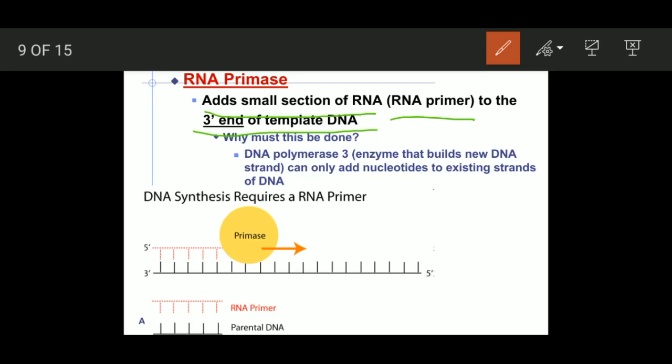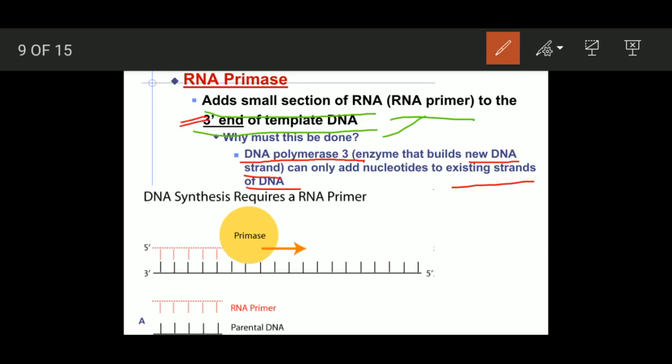And why must this be done? DNA polymerase 3, which is our very important enzyme here, responsible for the formation of the new strand, the enzyme that builds new DNA, can only add nucleotides to existing strands of DNA, that is at the 3' end, correct?